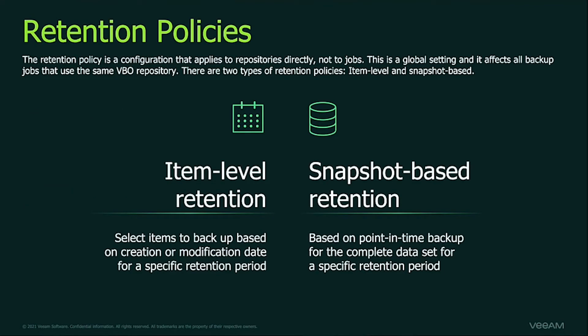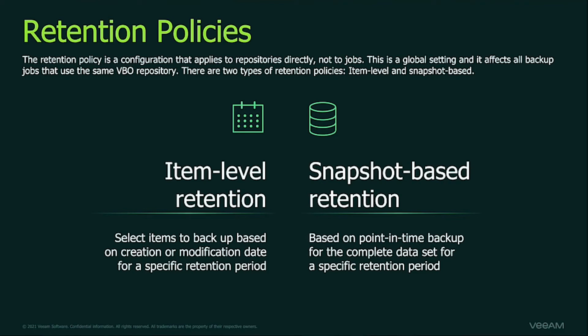With these, we have two different retention types. The item level retention is based off of the modified date for that retention period, meaning if you have files that have been created or modified, say within the last month, and your retention is set for a month, every file created or modified within that date would be within the backup. Anything older, or anything that had been modified or created before that period, would not.